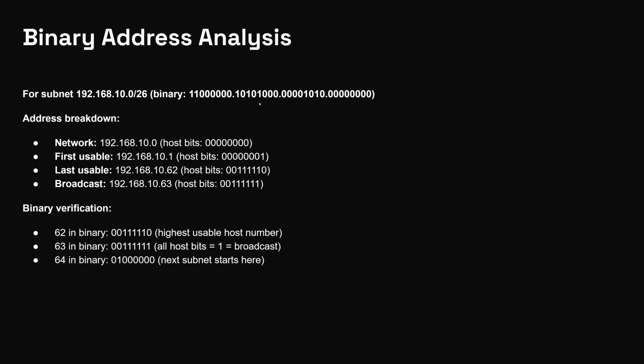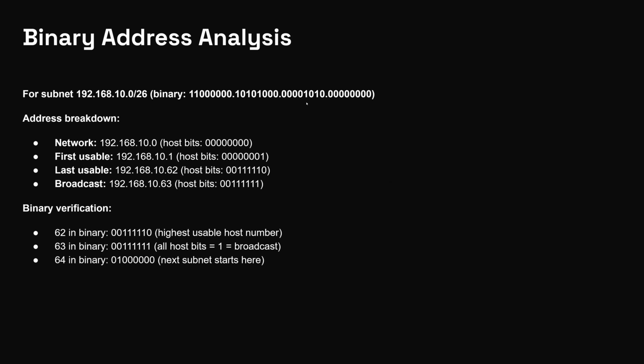So let's do the math. 128 plus 32 plus 8, that is 168, and that's where that number comes from. Let's look at the last one. Starting from the left, 128 is off, 64 is off, 32 is off, 16 is off, 8 is on.